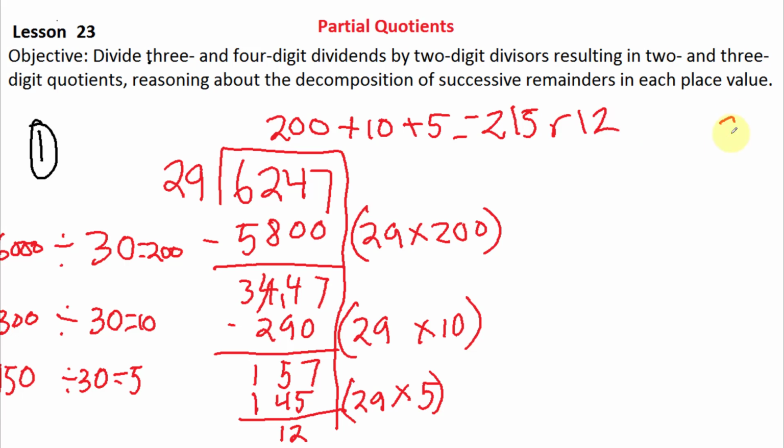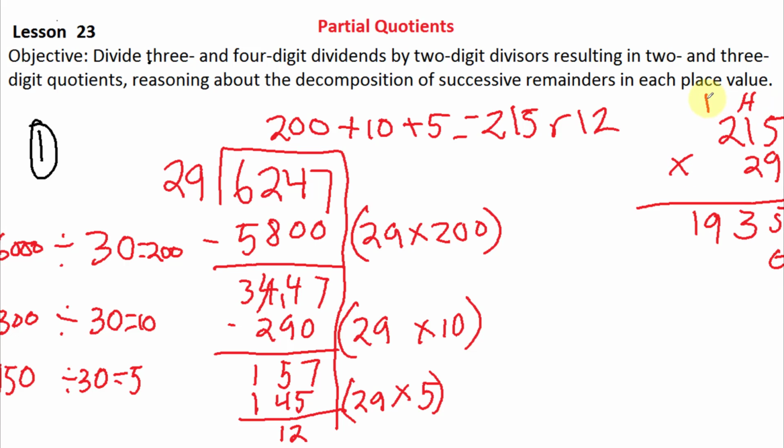When we check that, we have 215 times 29. 9 times 5, 45. 9 times 1 is 9 plus 4 gives me 13 tens. And then 9 times 2 is 1800s, plus 1 is 1900s. Our placeholder, 2 times 5, 10, leaving me with 1 and our 0. 2 times 1 is 2, plus 1 is 3. 2 times 2 is 4.